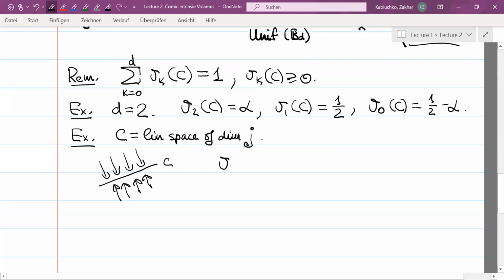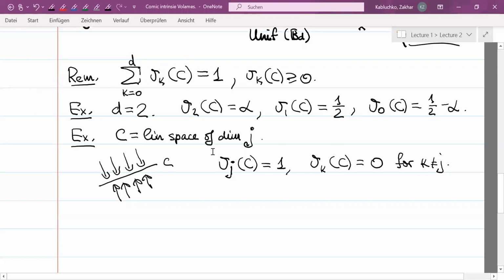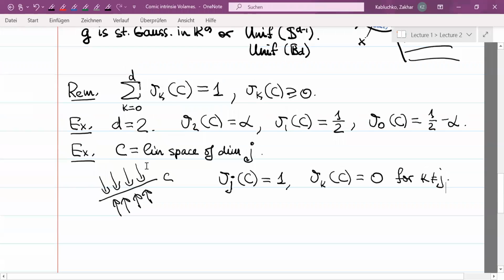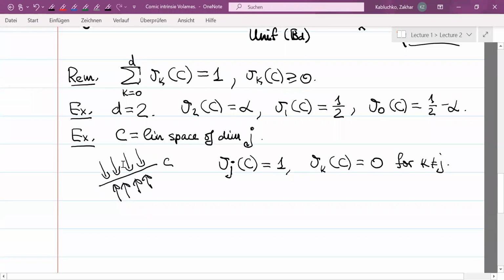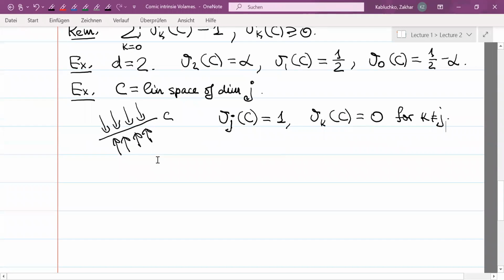So the jth intrinsic volume is 1, and all others are 0, for all k not equal to j. So it's a sort of delta distribution. If we view the sequence of intrinsic volumes as a distribution, then the linear subspaces correspond to the delta distribution.